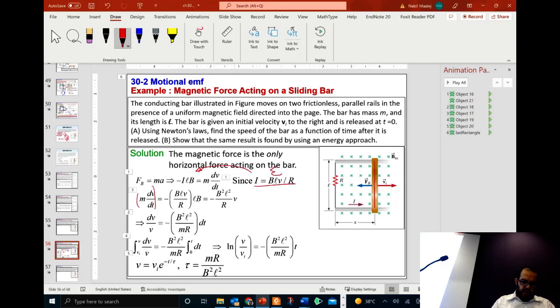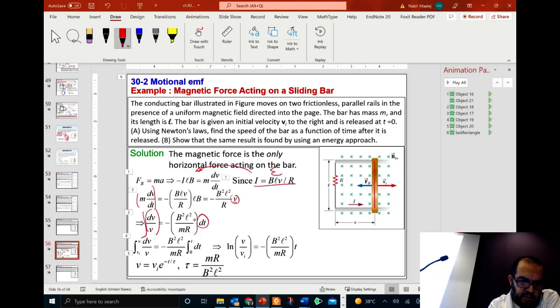Now we end up with an equation and we want to solve for V. Notice here we have dV dt and I have V here. What I can do is divide by V on this side and bring dt to this side. So I obtain dV over V is minus B squared L squared divided by MR times dt.